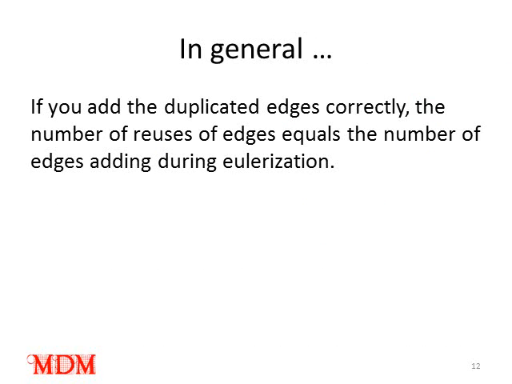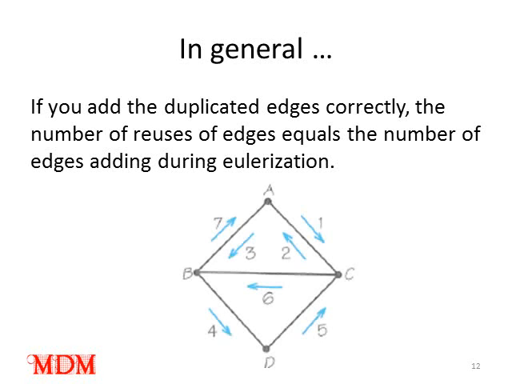In general, if you add the duplicated edges correctly, the number of reuses of edges equals the number of edges added during Eulerization. So you can see that we added 2 edges in our Eulerization process, and so the number of reuses is 2 because we reused the edge BA and the edge AC.